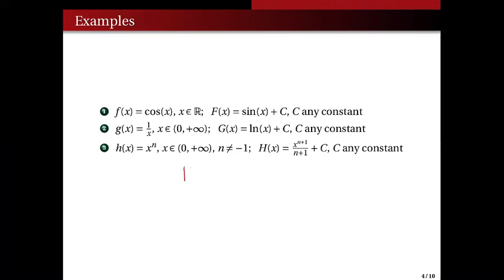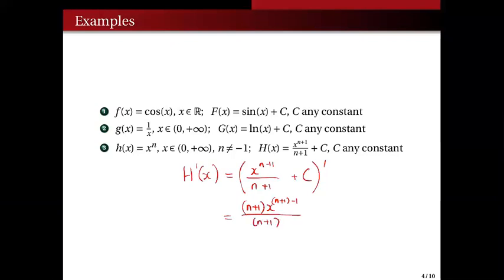And again, to see that, all you need to do is to get the derivative of capital H. So you have x raised to n plus 1 divided by n plus 1 plus the constant c. You remember your power rule. So n plus 1 is just a constant. For x raised to n plus 1, you just use the power rule: n plus 1 times x raised to n plus 1 minus 1, divided by n plus 1.